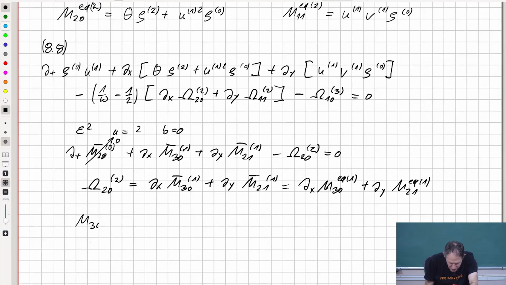So what is m30 equilibrium at first order? We are only talking first order. First thing is we know it's an alien, right? Why is it an alien?